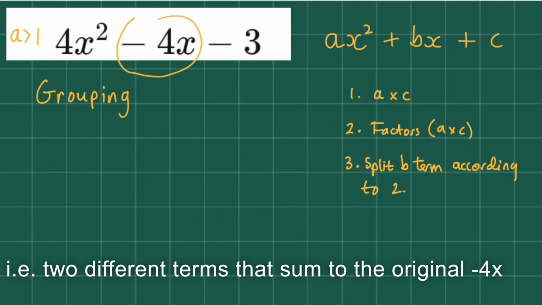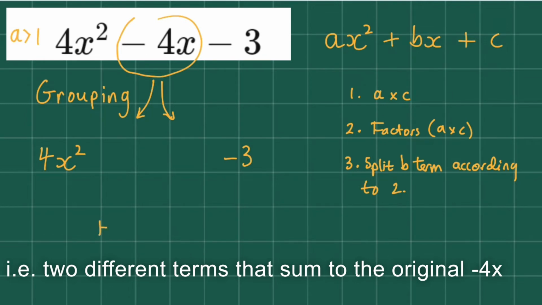I'm going to get myself some more space. And we're going to write very carefully here all the other elements in place, but instead we're going to split the middle term into 2 terms. Now these 2 terms, we said, are going to be 2 and 6. But what does that mean? How do we use 2 and 6 to get to -4?